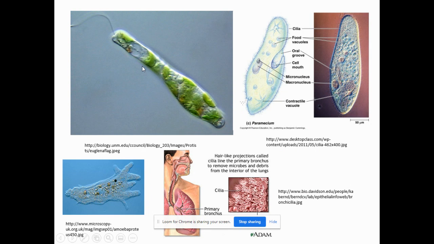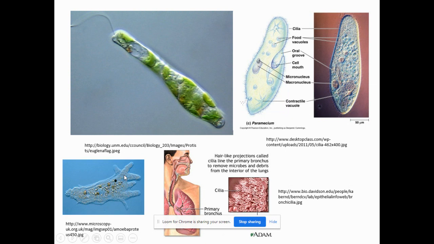So you have different types of eukaryotic cells with their different types of movement. Here you have a euglena cell with a whip-like flagella. You have paramecium with hair-like cilia along the surface. You have an amoeba with pseudopods.